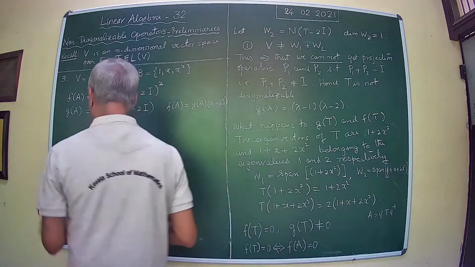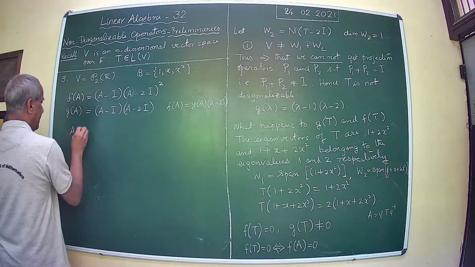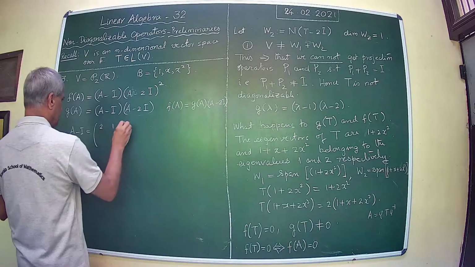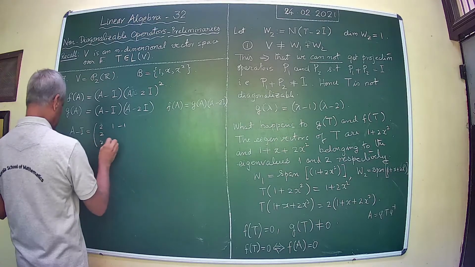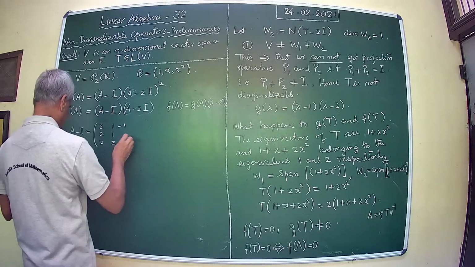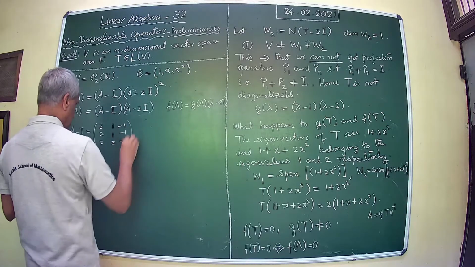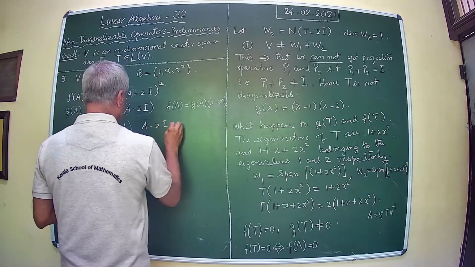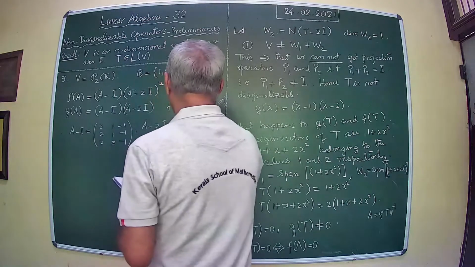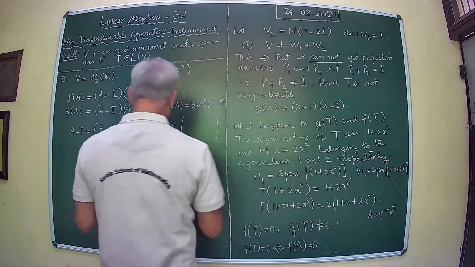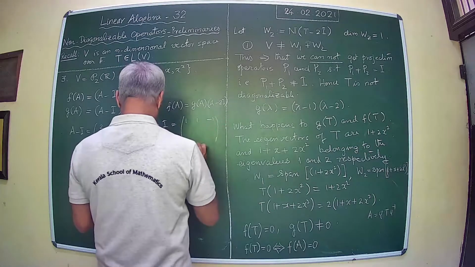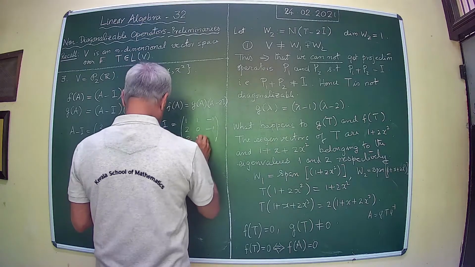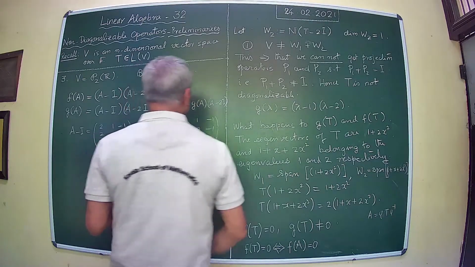Let's now write down what they are. So A minus I is the matrix with rows 1, 1, minus 1; 2, 0, minus 1; and 2, 2, minus 2.